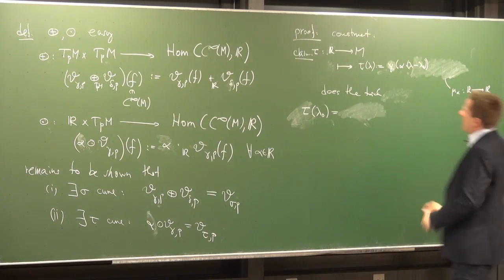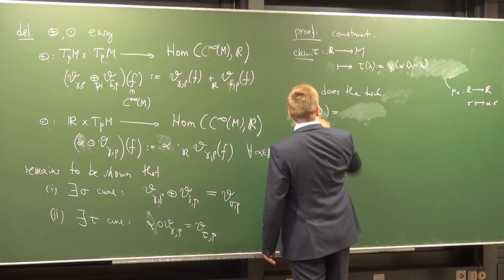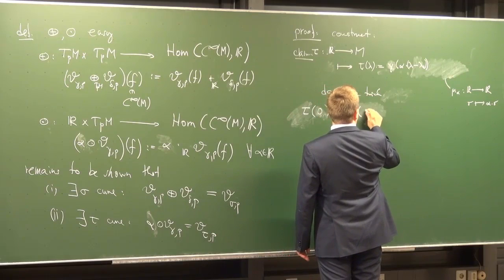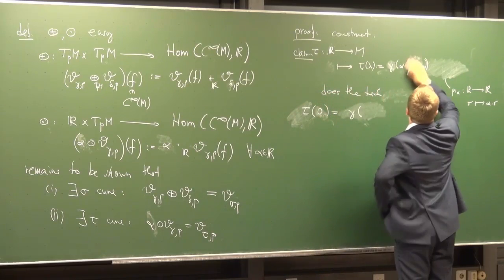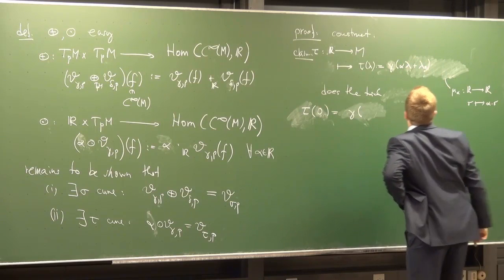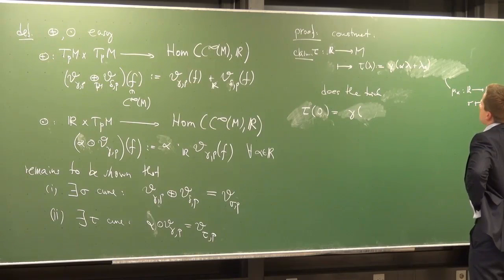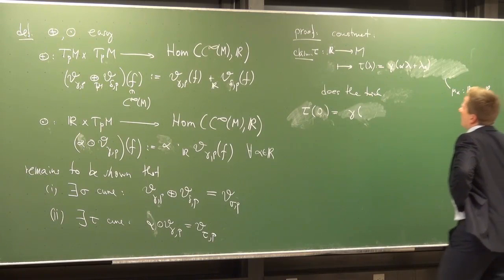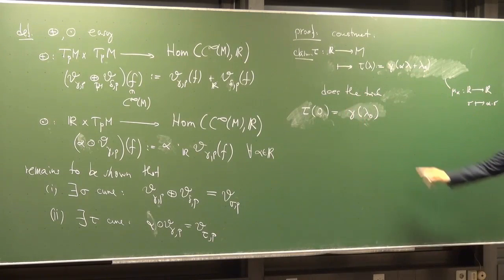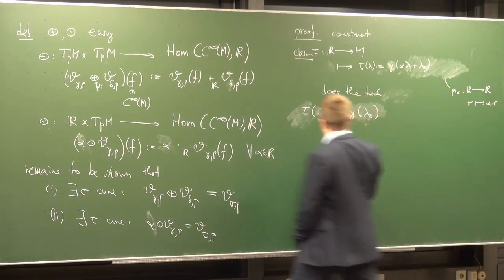Why not? Then tau of 0 will be gamma of lambda 0.